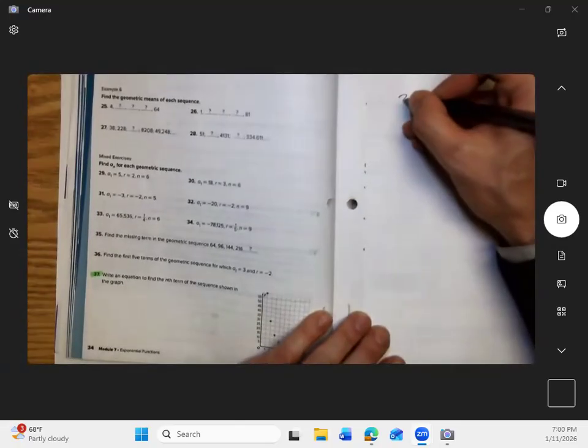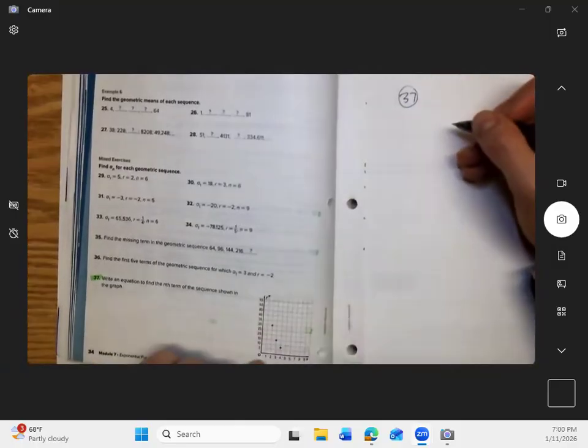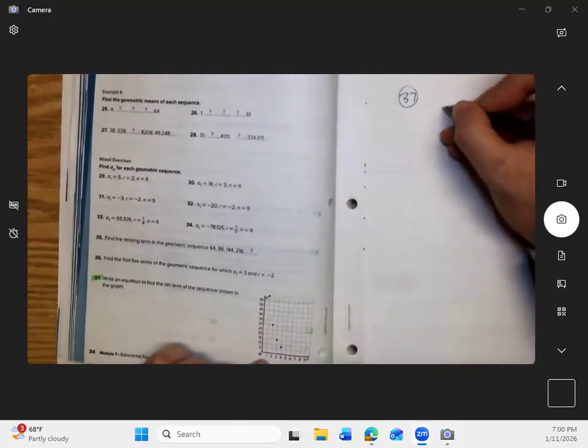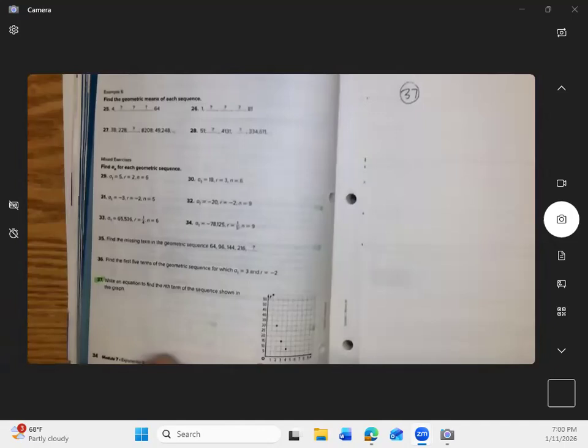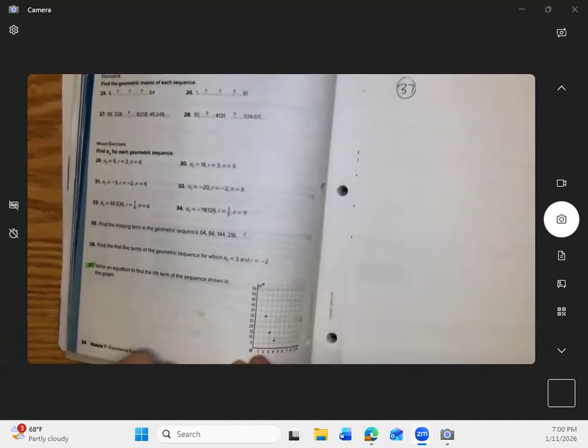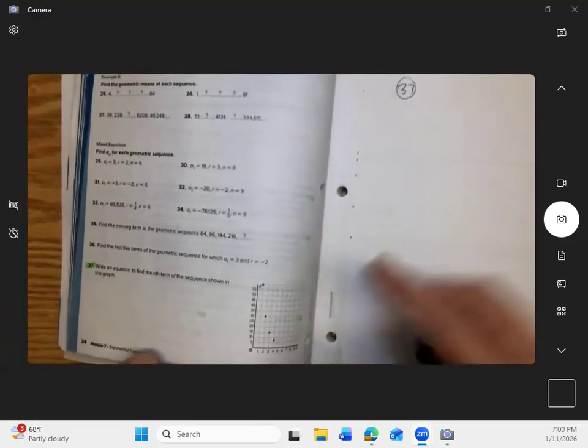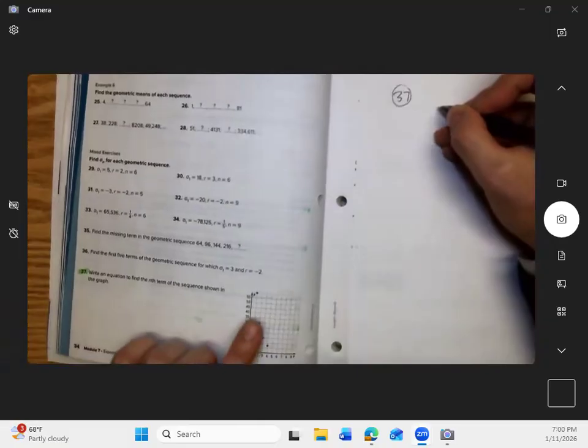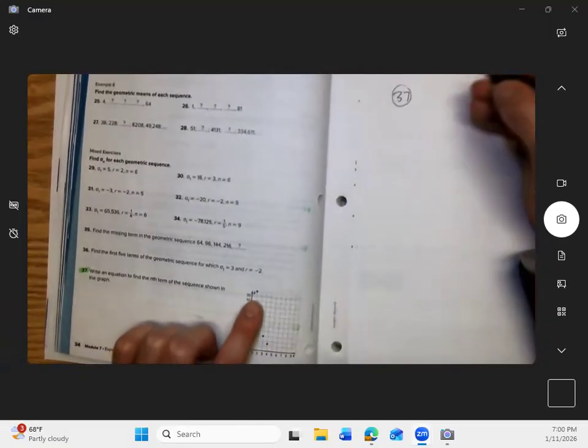All right, so 37. Let me list these out. Okay. Now I do see that x is increasing by an integer value, or just whole number, because 1, 2, 3, 4, that's all you get. X values are 1, 2, 3, 4. Okay. So the y value could be individual values.